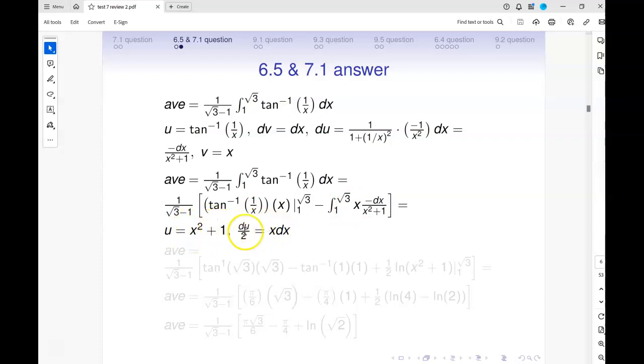And the derivative of that, when I simplify stuff around, I get du over 2 equals x dx. Which makes this just plus the integral from 1 to root 3 of 1 over u. The u sub times the derivative of the inside become negative, because it was a negative x, and then move it to the front. Okay, yep, gotcha.